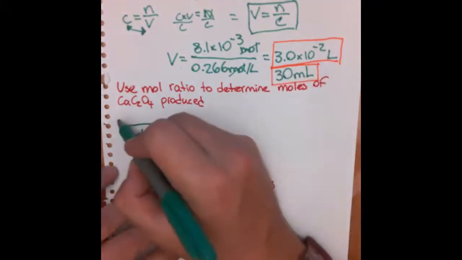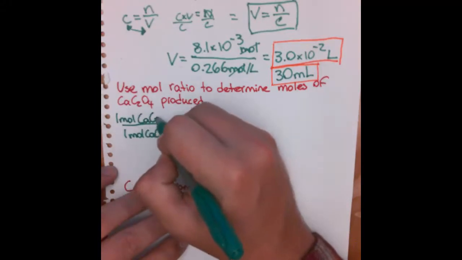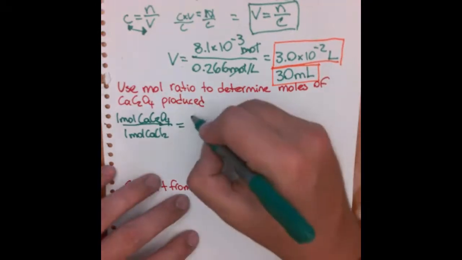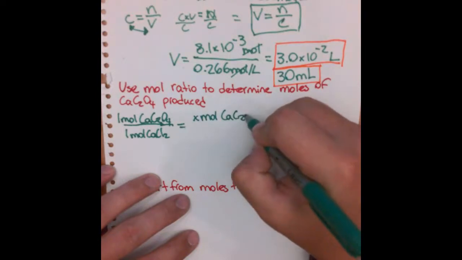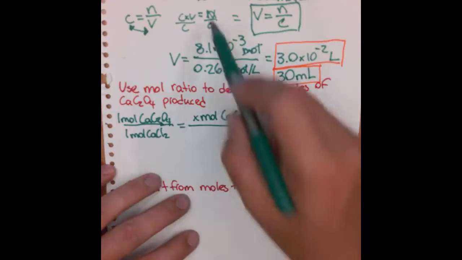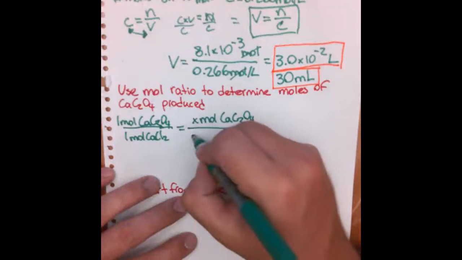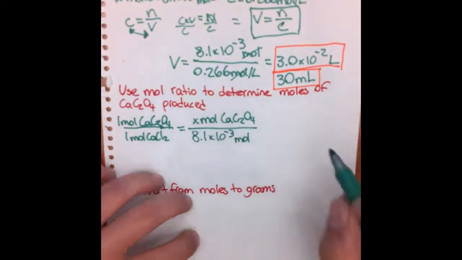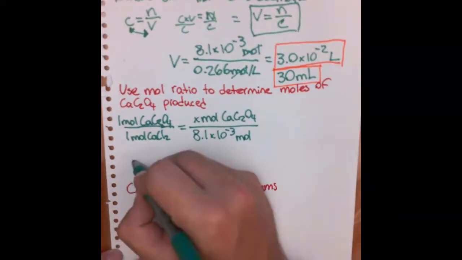What we're looking for goes on the top: 1 mole CaC2O4 is set equal to X moles of CaC2O4 divided by our number of moles of CaCl2, which we calculated up here to be 8.1 times 10 to the negative 3 moles. We'll rearrange again, so I'm going to multiply both sides by 8.1 times 10 to the negative 3.